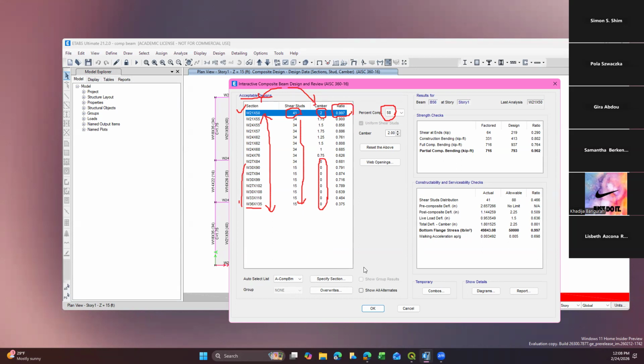Now specifically the checking procedure: the strength check, stability check, and deflection check. So there are two checks here.